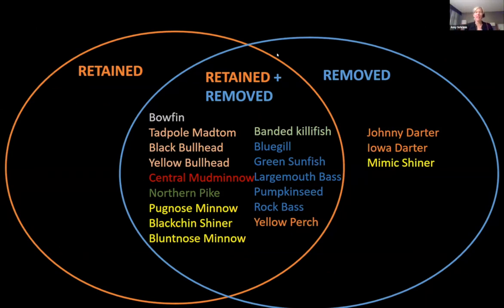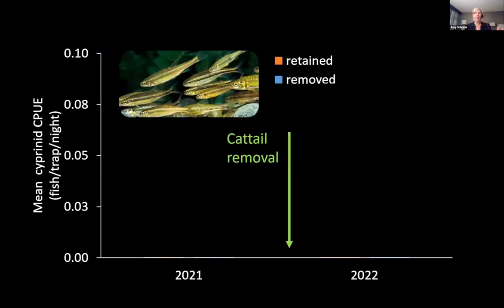So let's see. These are the different species we found. And you can see we found a few species in the removed plots we didn't see in the retained plots, suggesting here that the community shifted. And what I'm showing you here is minnows. Let me explain the graph first, and then I'll explain why minnows are important.